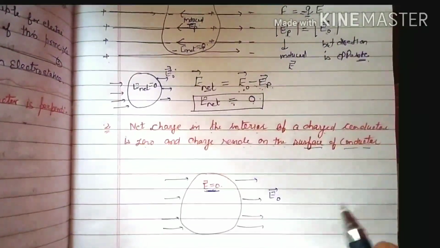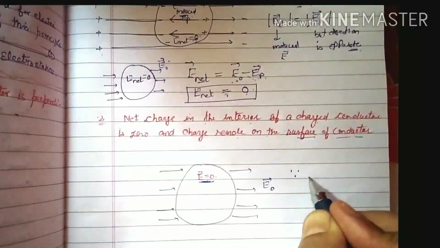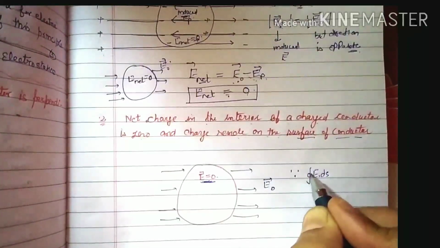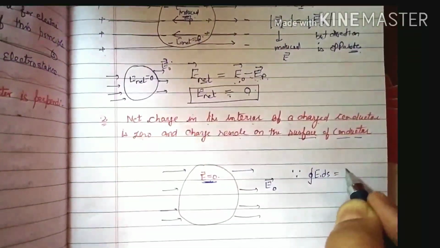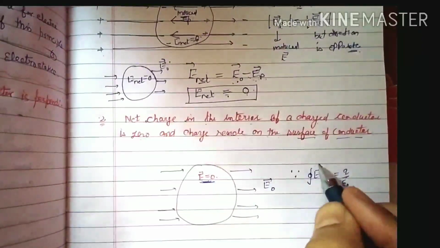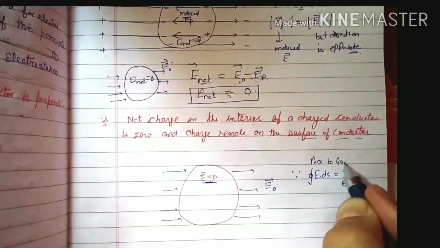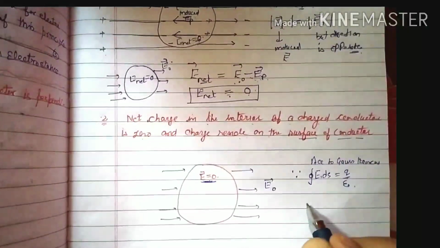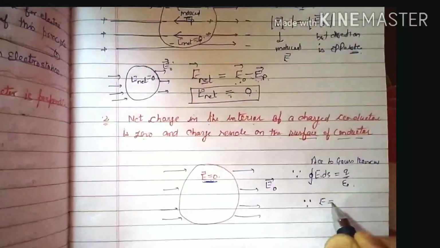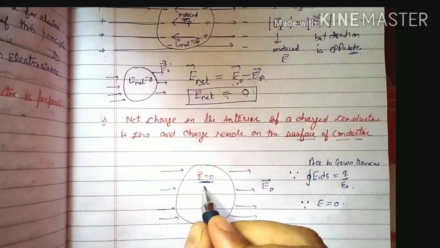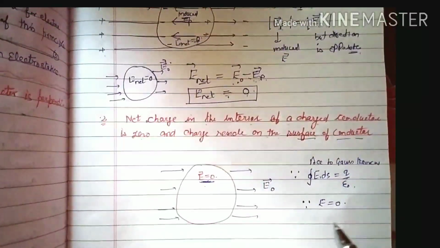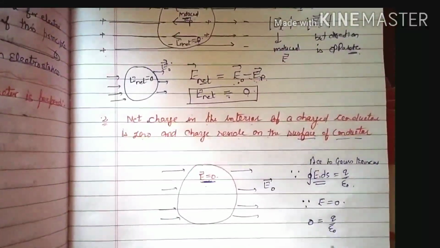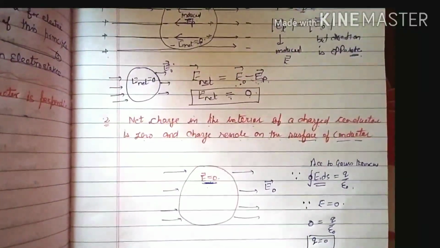Now, according to Gauss theorem, the surface integral of the electric field over a closed surface is equal to Q upon epsilon naught. Because the electric field is 0 inside the conductor, this term becomes 0, so Q upon epsilon naught is 0, and so Q also becomes equal to 0.